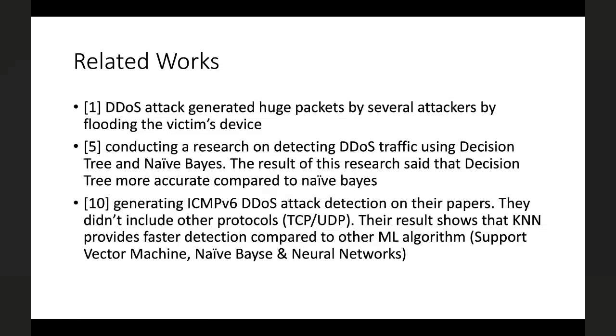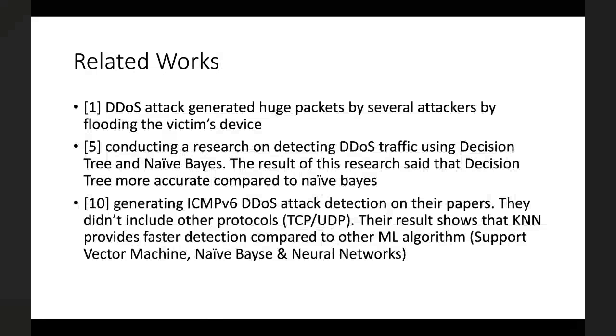Paper number 5 conducted research on detecting DDoS traffic using decision tree and naive Bayes. Their result said that the decision tree is more accurate than naive Bayes. However, they only used a dataset, not real captured network packets.